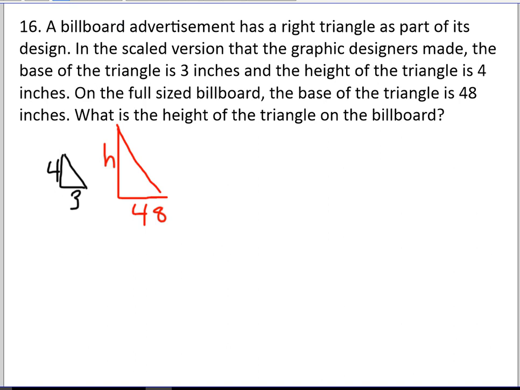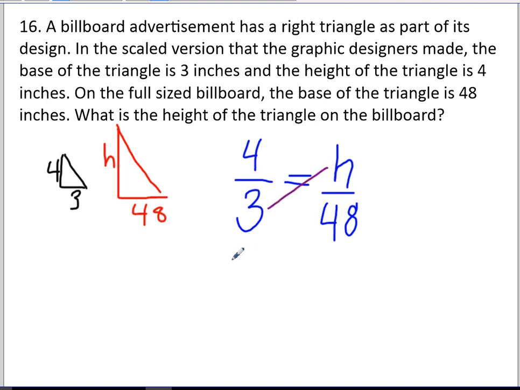So reading the problem, I drew a visualization to help me make sure that I set my proportion right. So I'm going to do height compared to base, so 4/3 is the same proportion as height is to base, h/48. Now that I have my proportion set up, we can cross multiply. 3 times h is the same amount as 4 times 48.